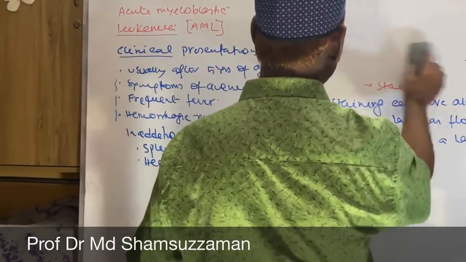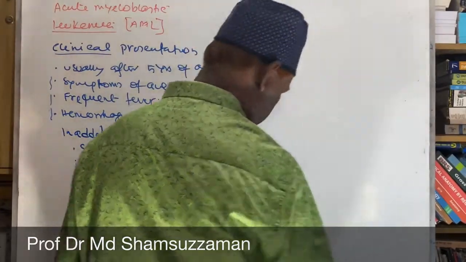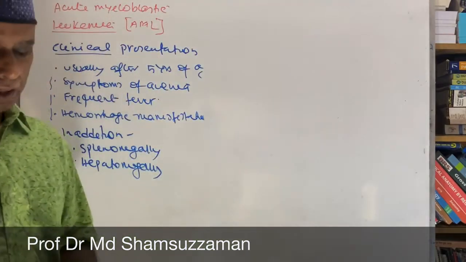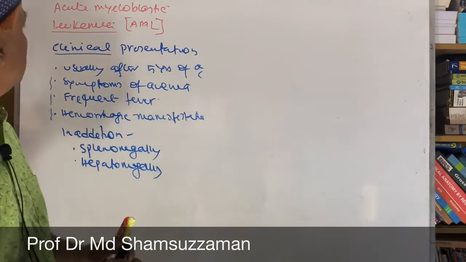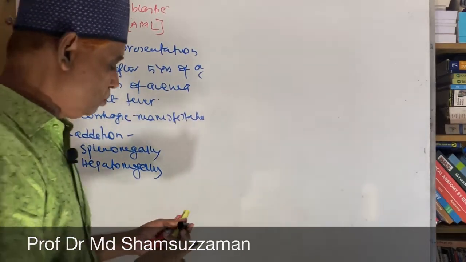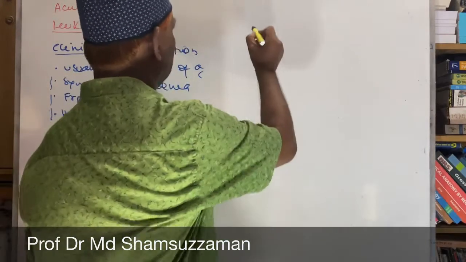Now, if anybody suffers from acute myeloblastic leukemia and you suspect it clinically, then how can the laboratory investigate that case? Now come to laboratory diagnosis of acute myeloblastic leukemia.